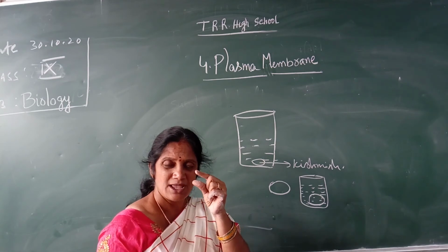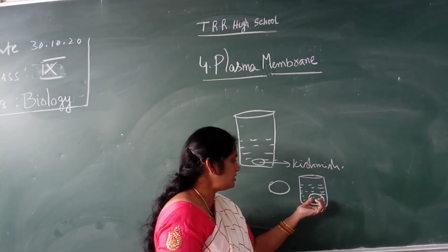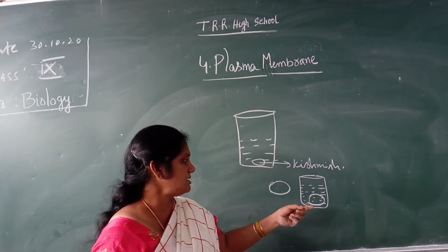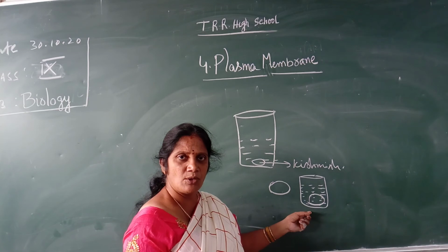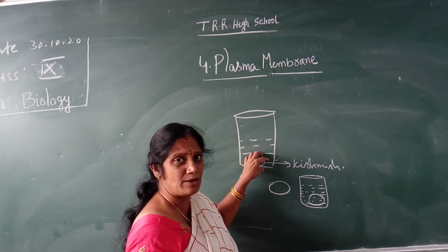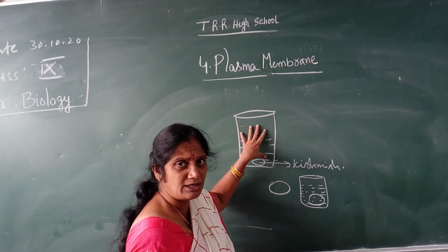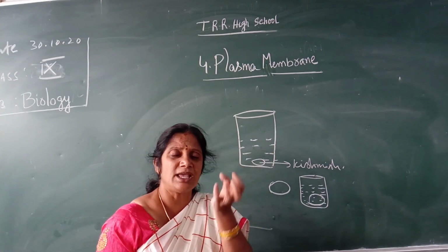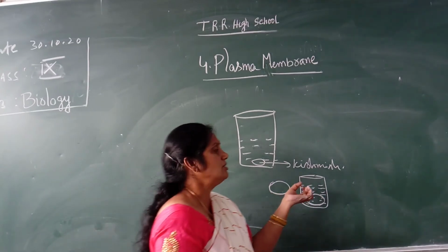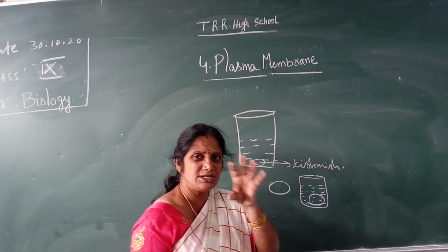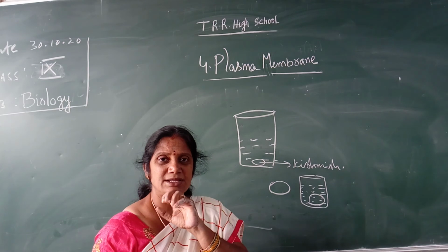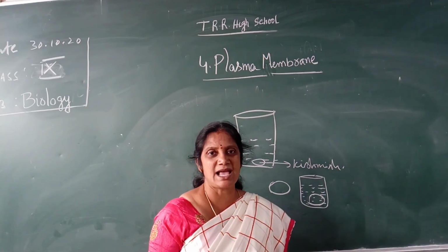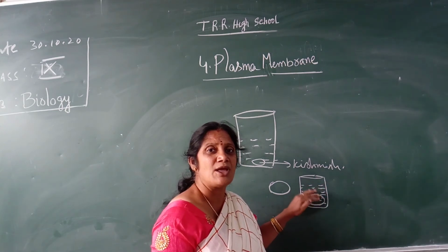Why? Because the sugar solution absorbs the water from this kishmish. When the dry kishmish was kept in water, it absorbed the water and swelled. The same kishmish kept in the sugar solution shrinks. What is the reason? I will explain this in the next class. By that time, think about why this happens.